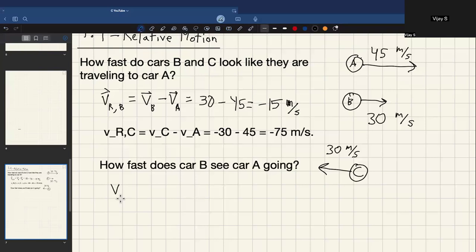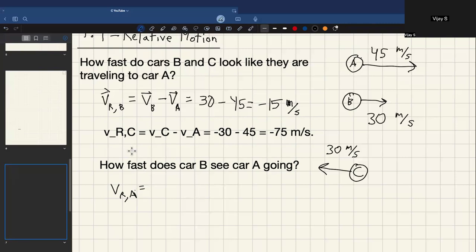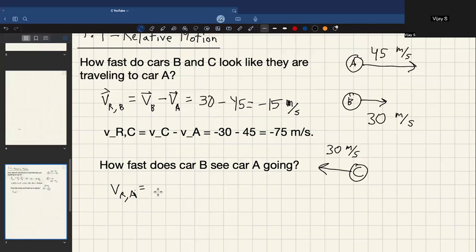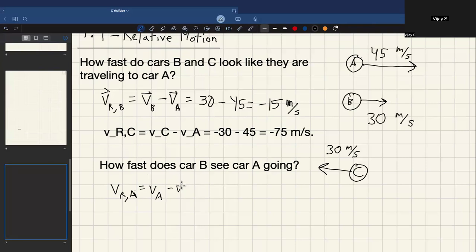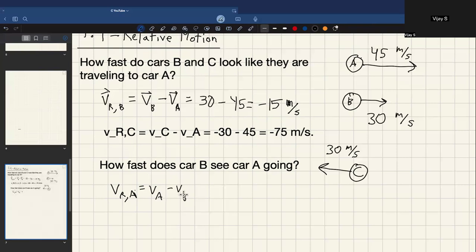Well, that's going to be given by taking car A's velocity and subtracting car B's velocity. So it's actually just the opposite of what we did in our first question. So VA minus VB, and that's going to give us a positive 15.